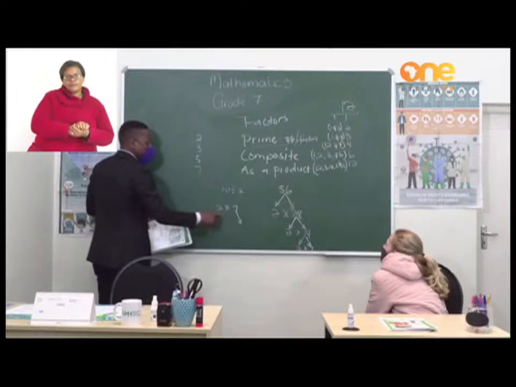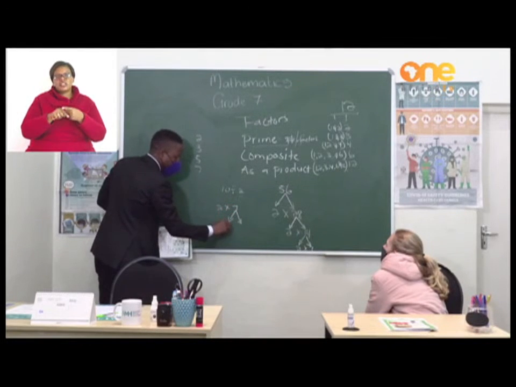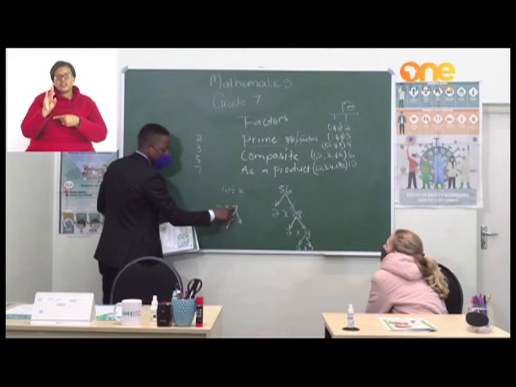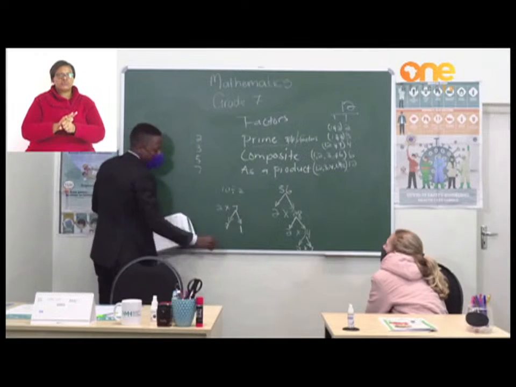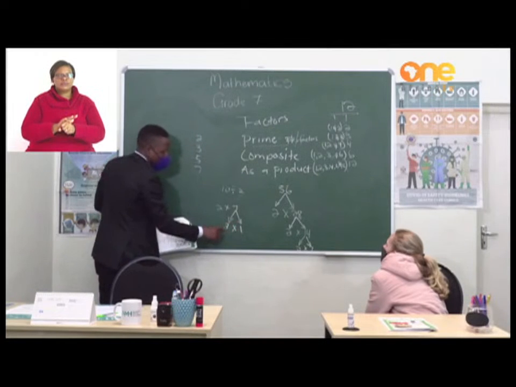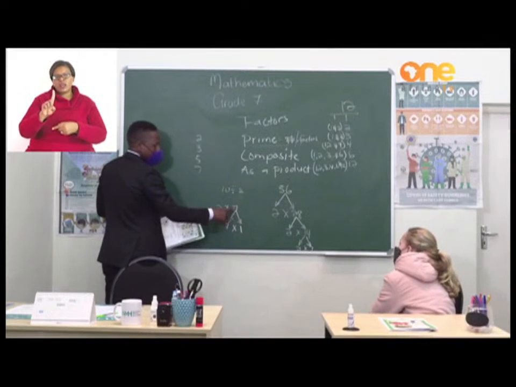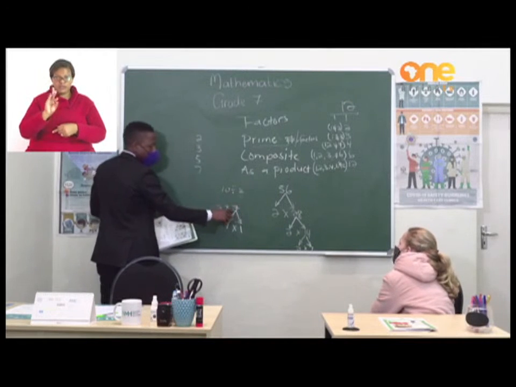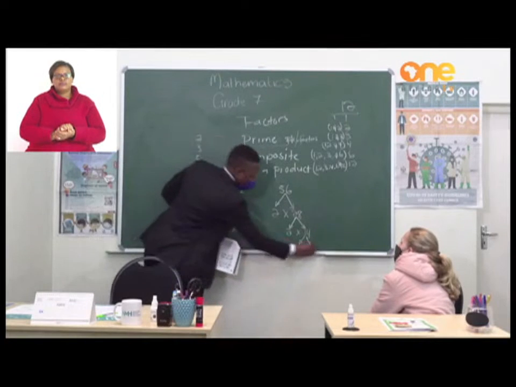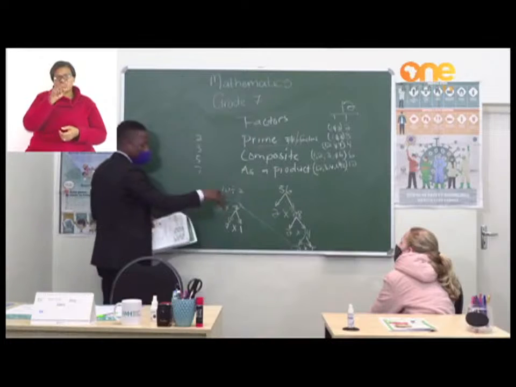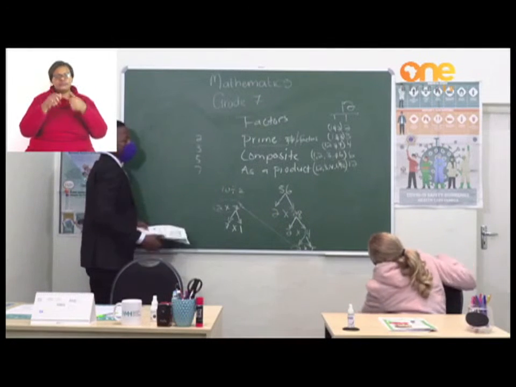So if I divide by 7, 7 goes into 7 one time. And if I multiply 7 times 1, I'll get 7. I just wrote it because you need to see how you have to go down.